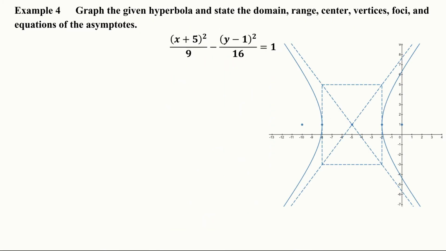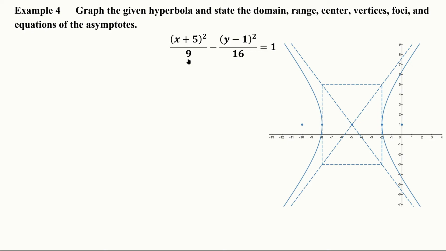All right, so here we're going to go ahead and graph this hyperbola and find the required information. Notice that because the x term is the positive one here, this is going to be one of these left-right ones. You know, of course, you won't have the graph to begin with, but that's how you know this is going to be your a here.